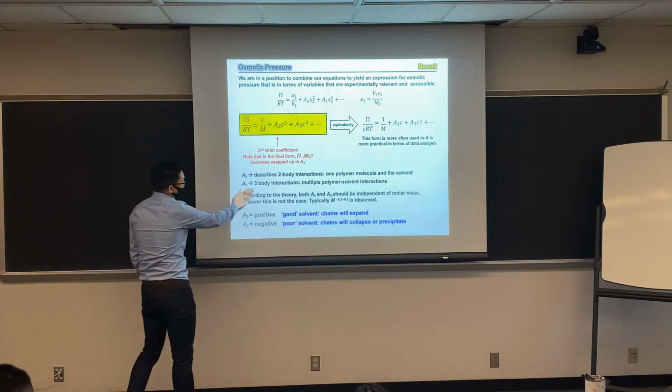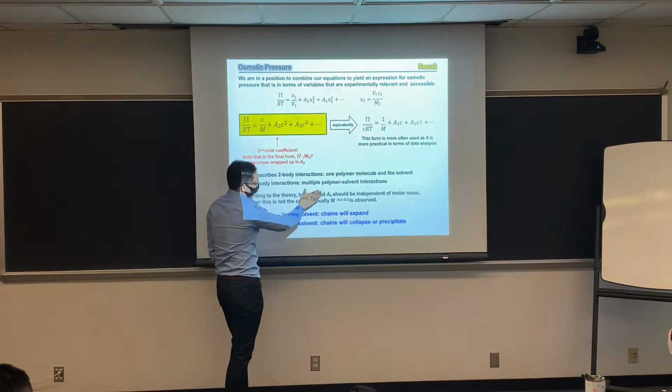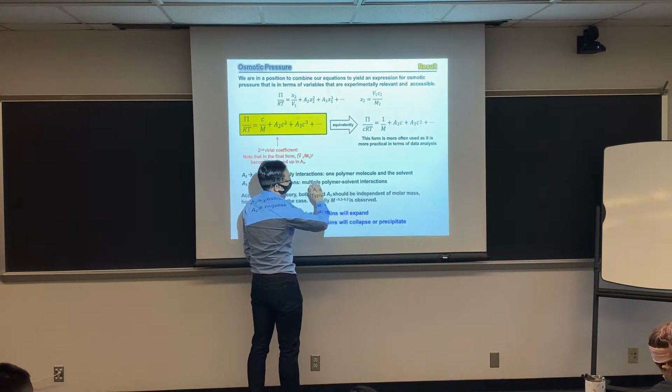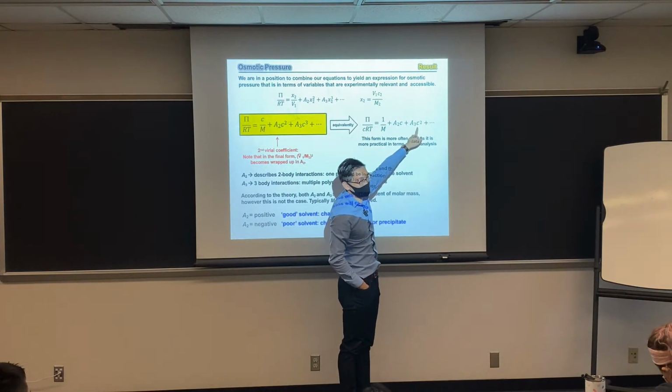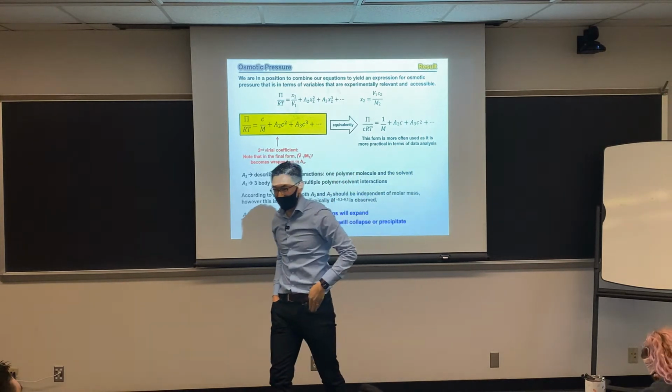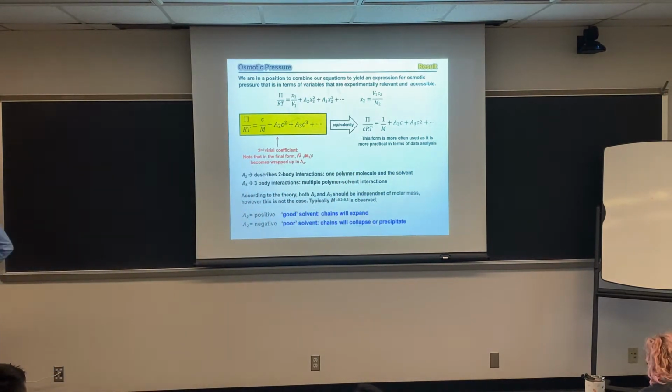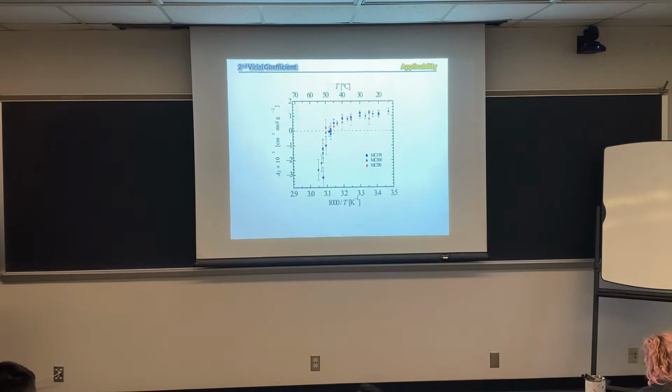And A3, which is three-body interaction, is much more weakly dependent on C, so we typically don't consider it. Imagine C is typically very dilute when we measure, 1 mg per mL. So with C cubed, you won't see much influence on your material's property.